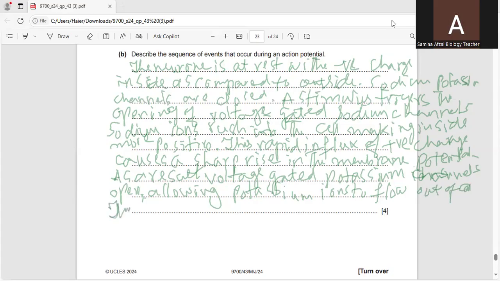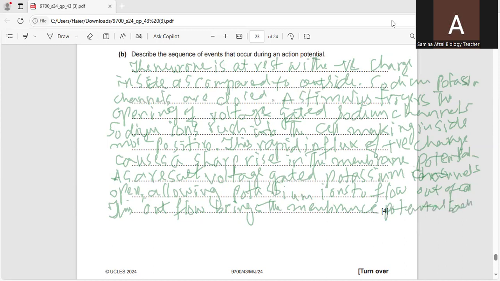This outflow brings the membrane potential back.